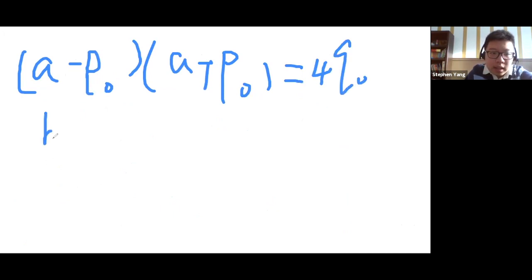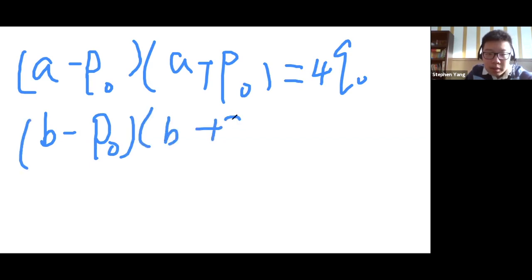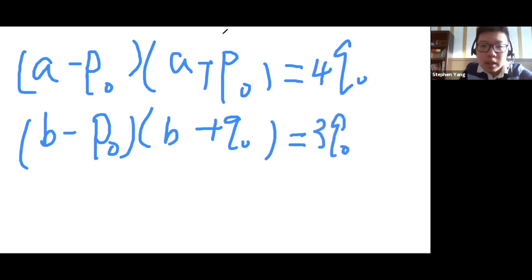And B minus P0 times B plus P0 is equal to 3Q0. Oh, sorry, this is a P, this is a P, this is a P.